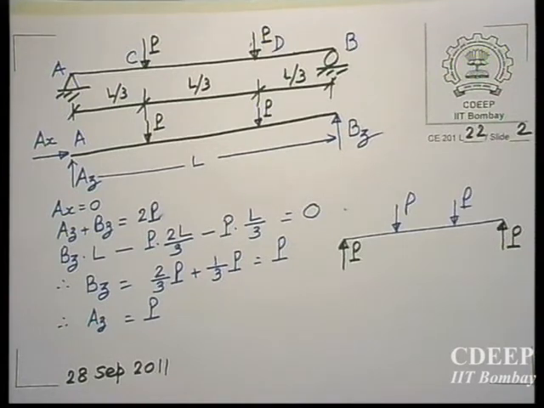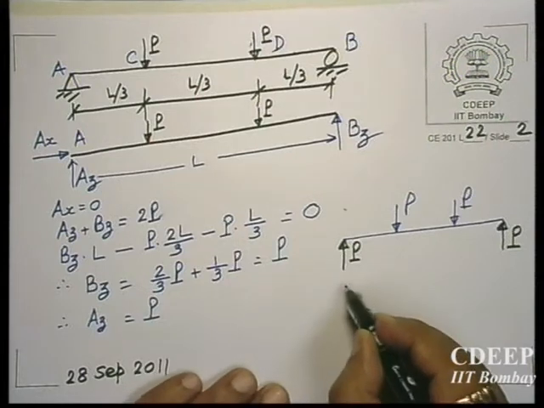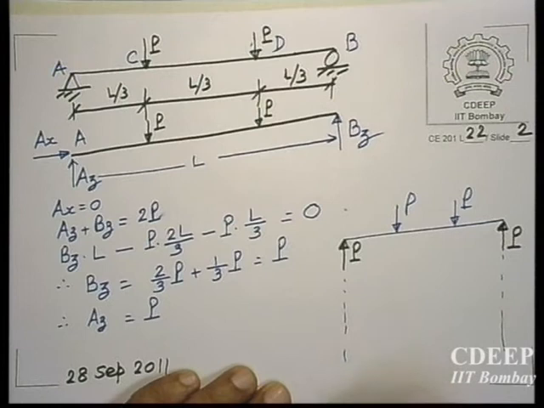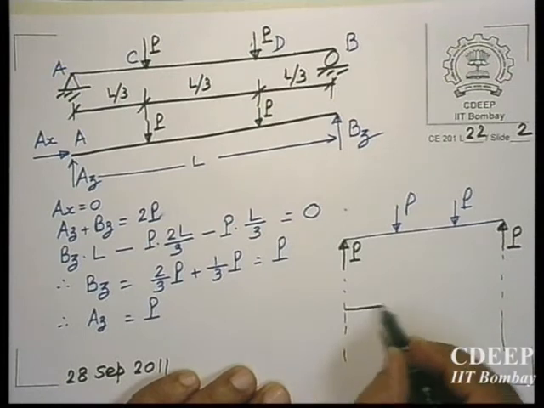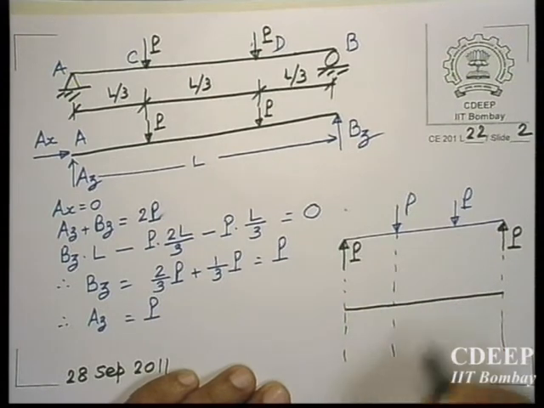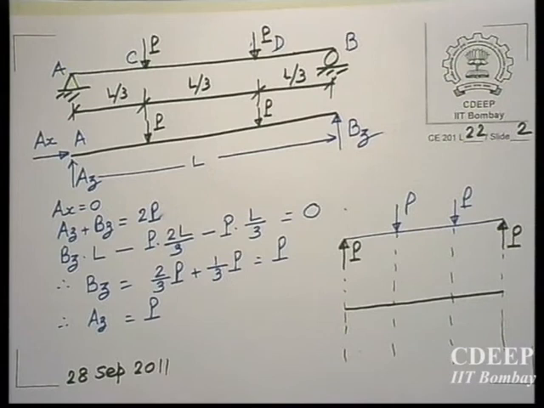Now let us try to see how the bending moment diagram looks. How do we draw the bending moment? Below this diagram, let us sketch the bending moment diagram. You know what a positive bending moment is.